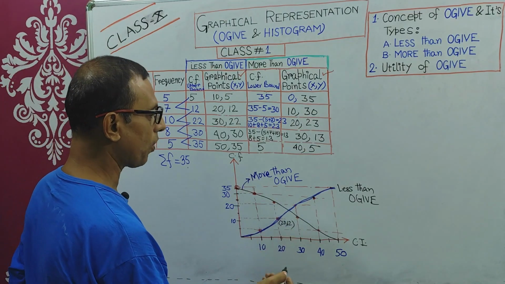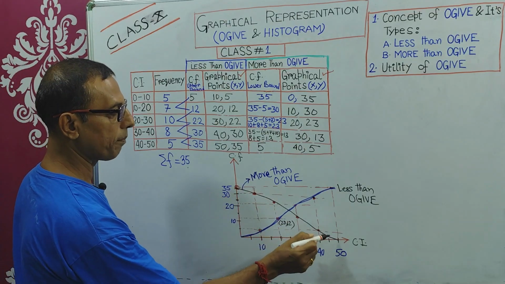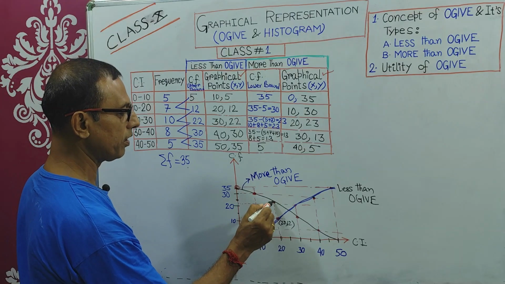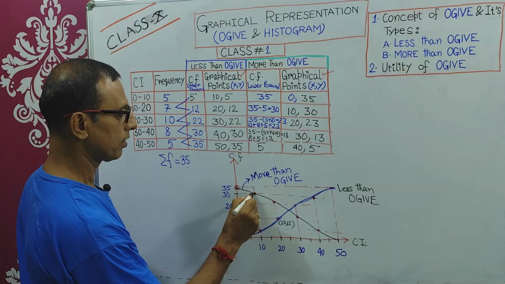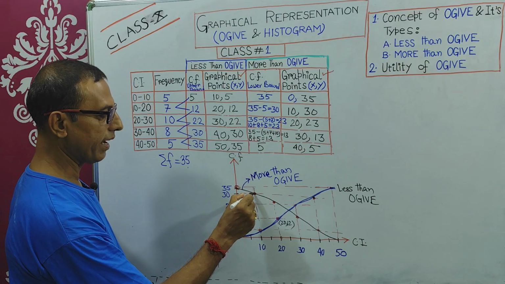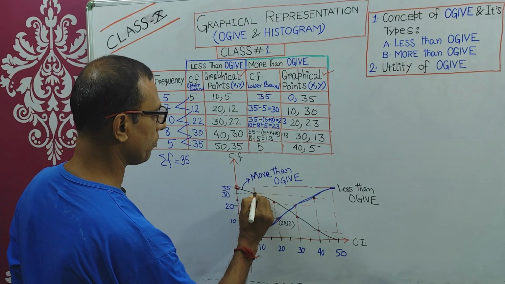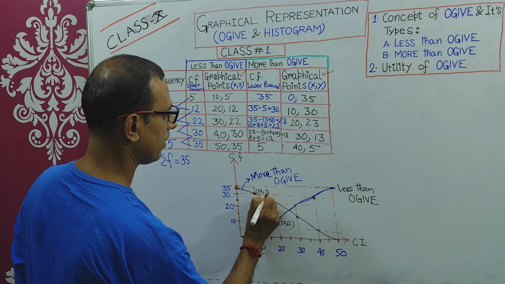You have the same thing for the more than ogive. What is this data point along the black curve, that is the more than ogive? This data point is 30, and what is the value along the x-axis? It is 10. That means this point is 10, 30.